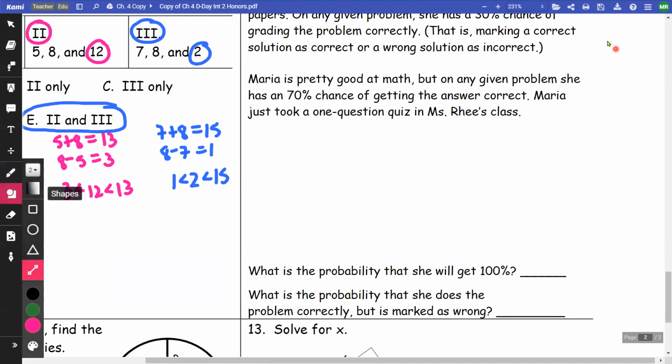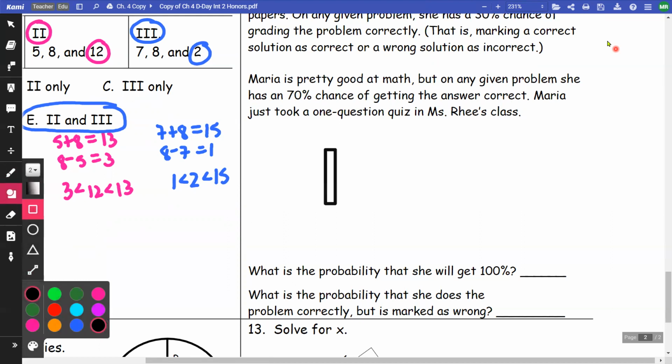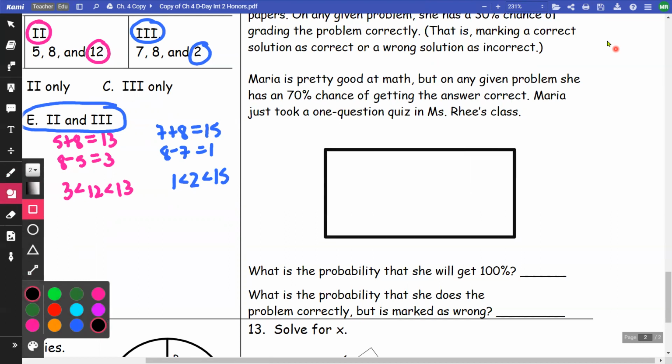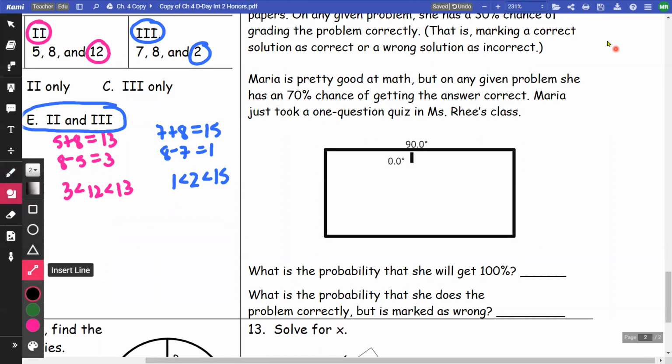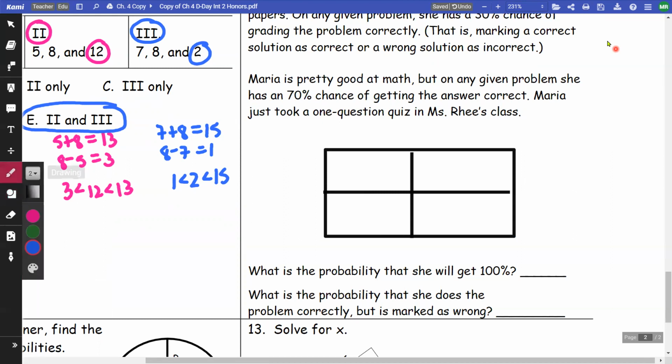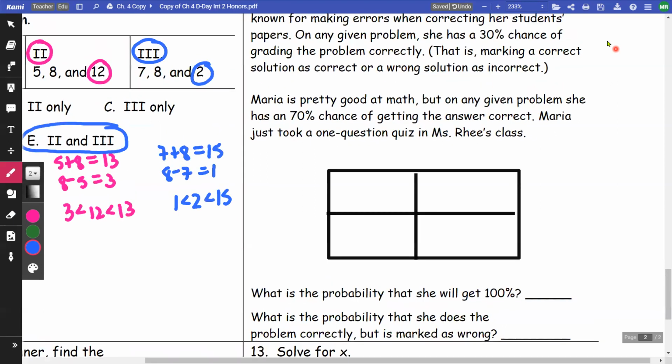So I am going to get an area model here, okay? And for this area model, I'm going to split it into a 2 by 2, basically. One side is going to be Miss Rhea, and the other side is going to be Maria. So this side's going to be Miss Rhea.